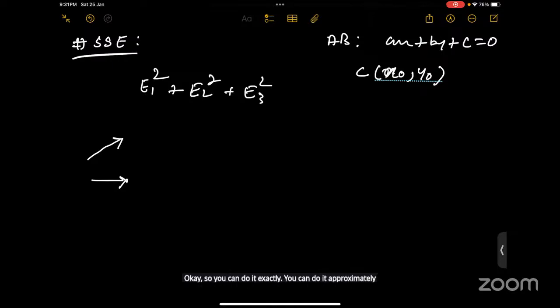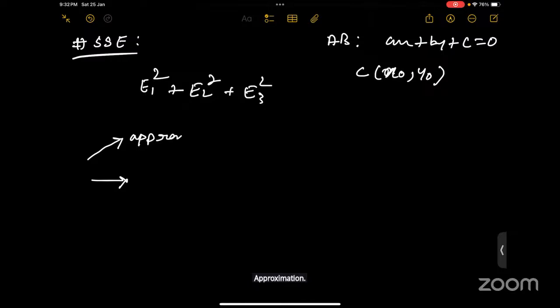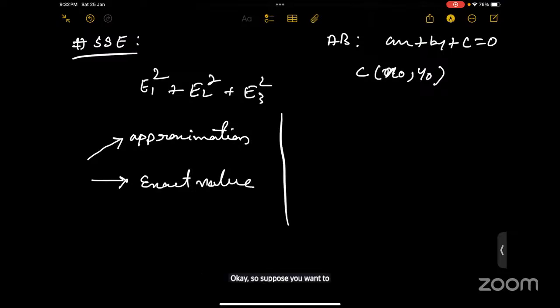Before starting the business, you can first set your mind on some approximate profit. So we have two sides. First is approximation, and the second thing is the exact value.